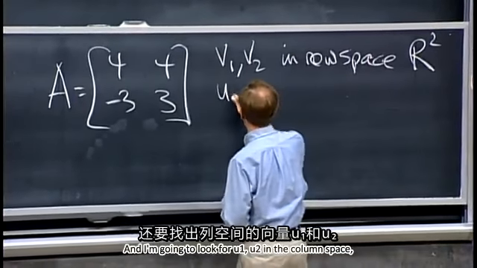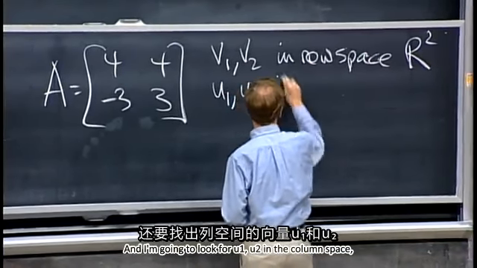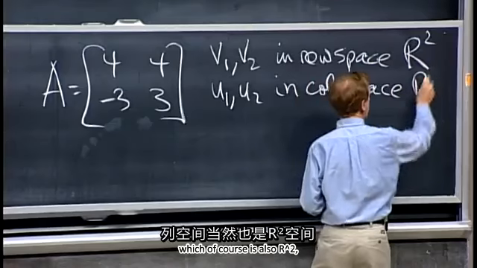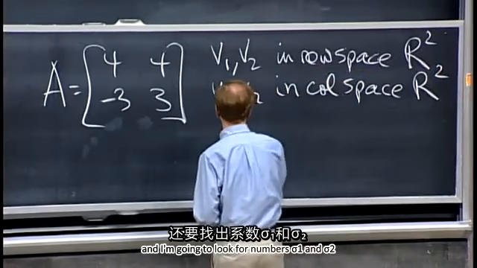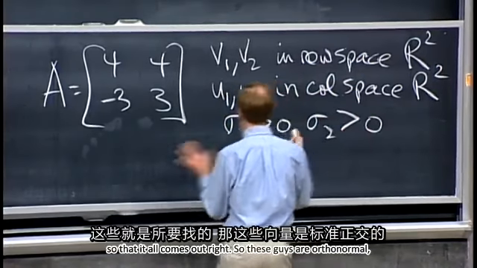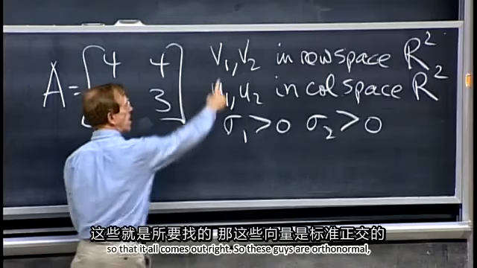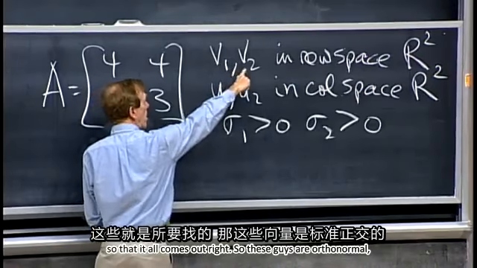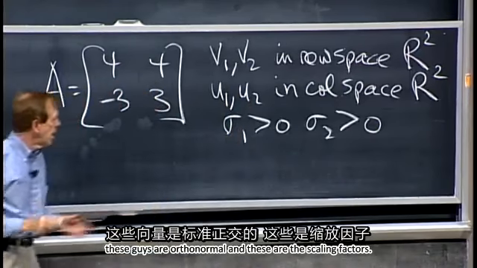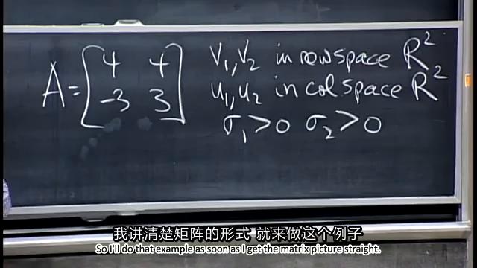And I'm going to look for U1, U2 in the column space, which of course is also R2. And I'm going to look for numbers sigma 1 and sigma 2 so that it all comes out right. So these guys are orthonormal, these guys are orthonormal, and these are the scaling factors. So I'll do that example as soon as I get the matrix picture straight.